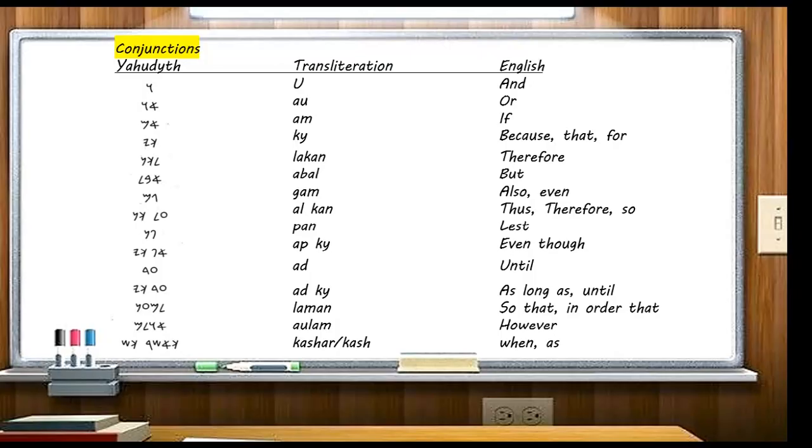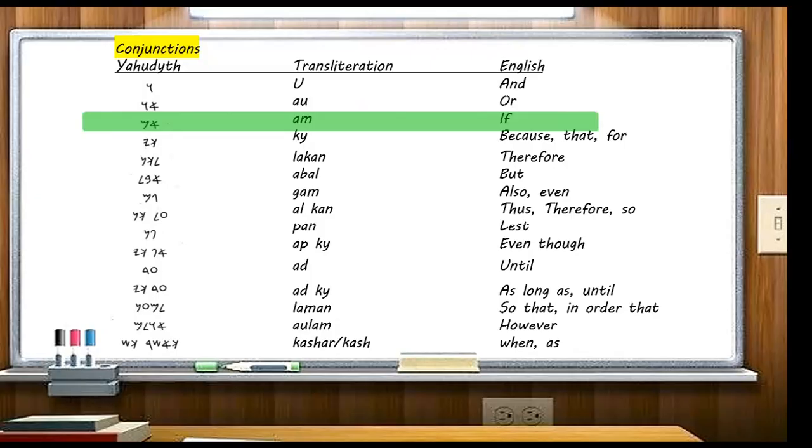So we have the letter U, which in English means and. U means and. Then we get to alaf U, au, which means or. Then we get to alaf mam, which means if. So that's am, which means if.